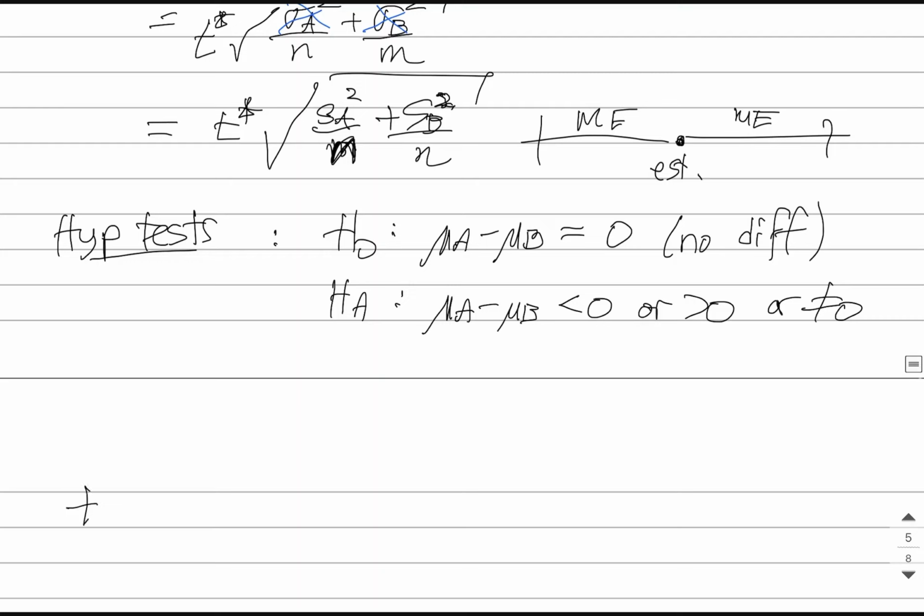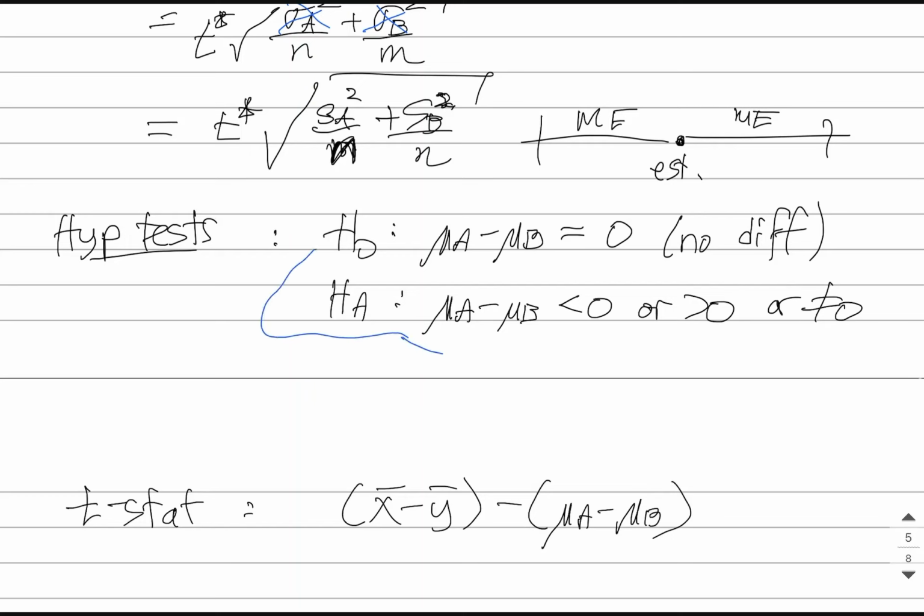The T statistic will be the difference in the sample averages, subtract the difference in the hypothesized population averages. This part will always be 0 because your hypothesized difference is always 0.